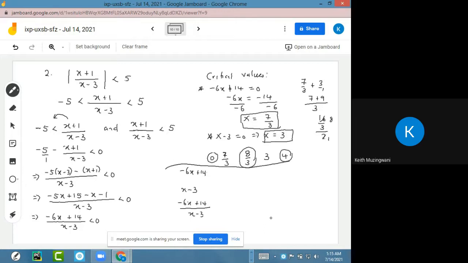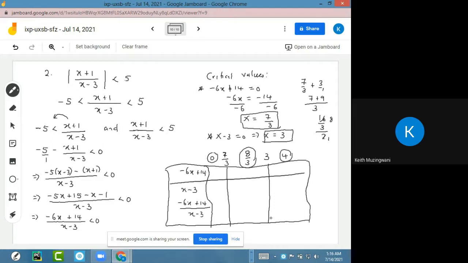So we have that goes there, goes here. If you use 0 here, it will be positive over negative, giving us negative.